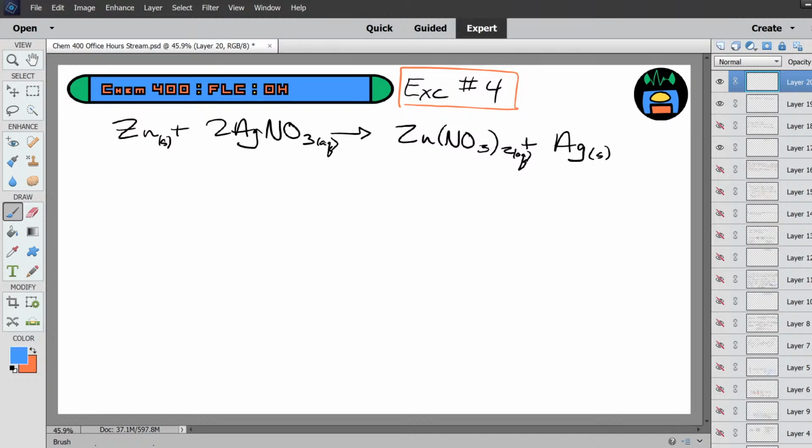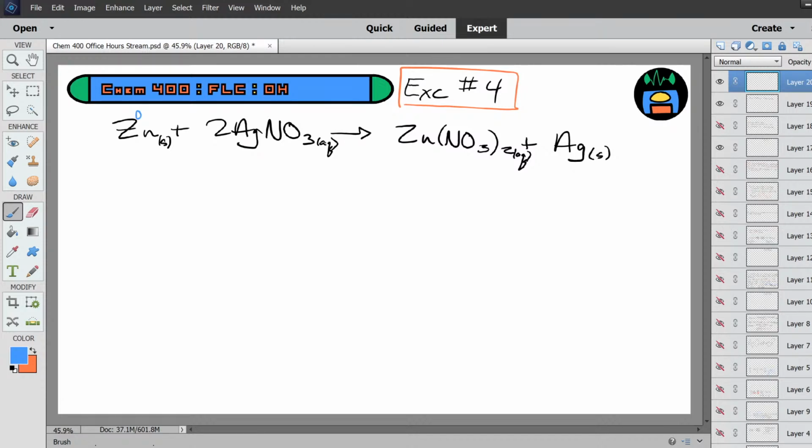Looking at the first, solid zinc, it's going to have an oxidation state of 0 because it has a charge of 0. And we know that the sum of the oxidation states of every atom within a species adds to its charge. So charge is 0, zinc is the only atom, zinc's oxidation state is 0. Next, let's move to aqueous silver nitrate.